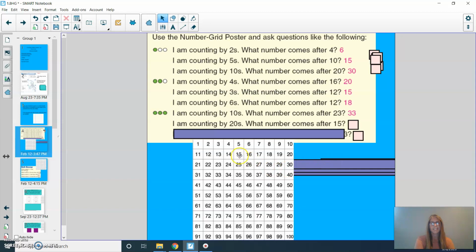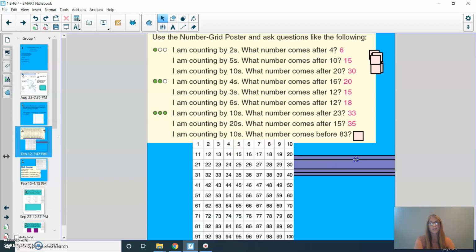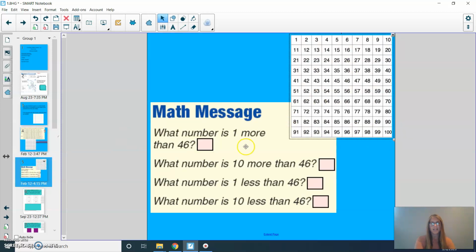I have 15, and I'm counting up by 20. So 15 plus 20 more. You should have 35. And for our last one, I'm counting by 10s. What number comes before 83? Here's 83. What's 10 less than 83? You would say 73.